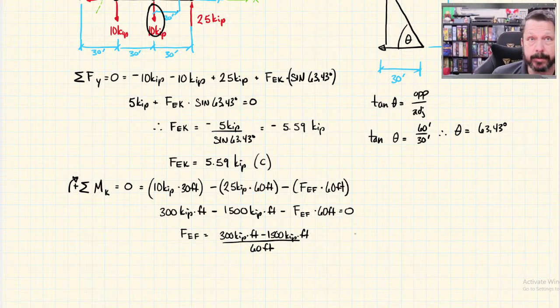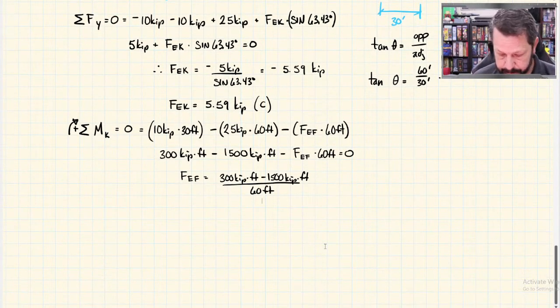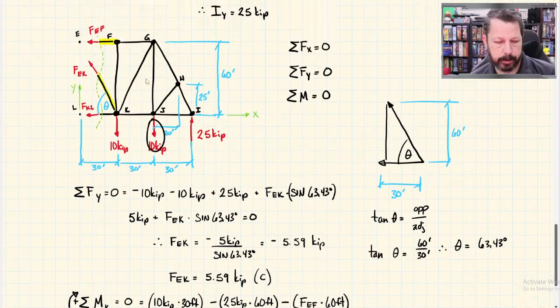So it looks like it is going to be negative. So 300 minus 1500 divided by 60 is negative 20. So therefore, the force in EF is equal to negative 20 kips. I go look at my arrow, and yes, I drew it in tension, pointing away from the member EF, showing its intention.